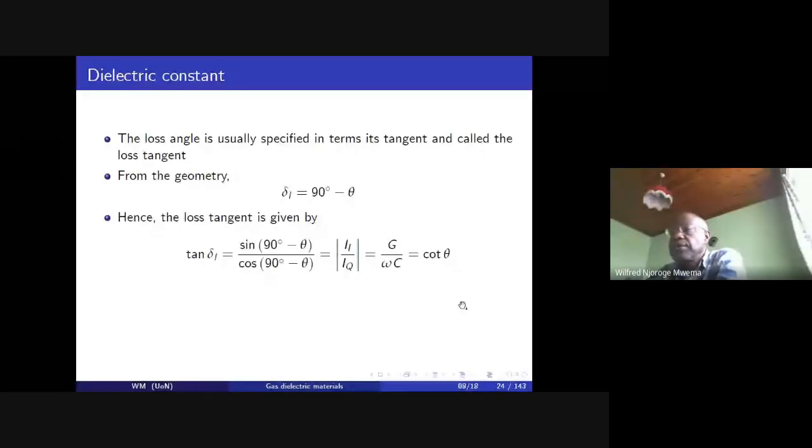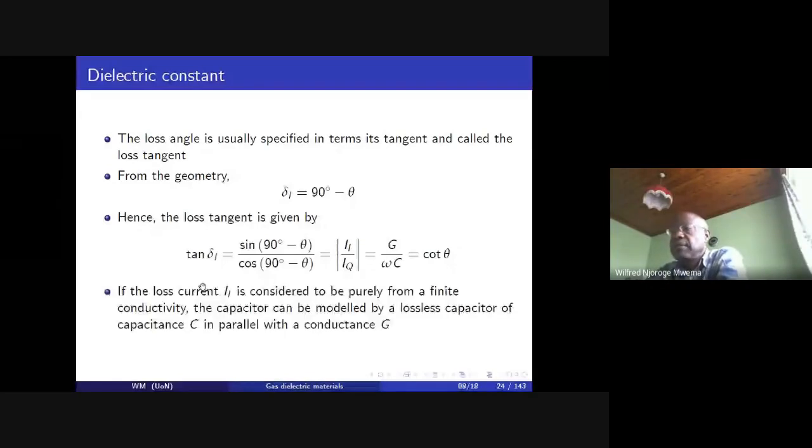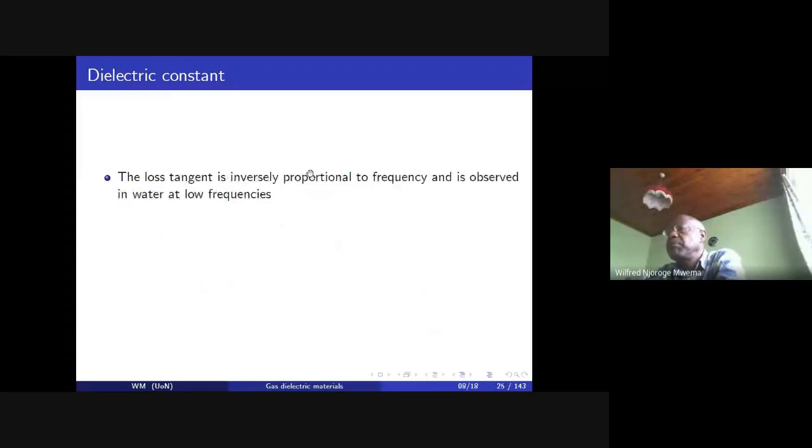If the loss current, the in-phase current component, is considered to be purely from a finite conductivity, then the capacitor could be modeled as a lossless capacitor in parallel with a conductance G. The loss tangent is then inversely proportional to the frequency, and this is observed in water at low frequency.